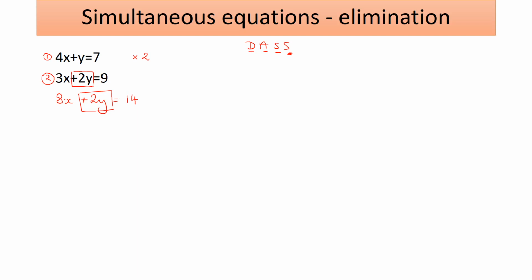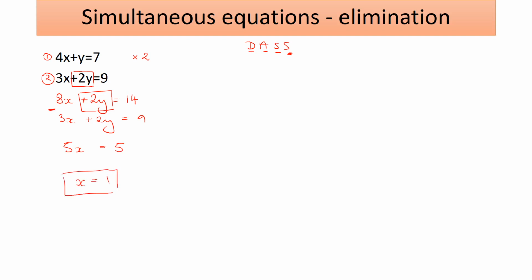I'm just going to rewrite the second equation so it's a little bit easier. So now I've got to subtract. 8x take away 3x is 5x, 2y take away 2y is 0, and 14 take away 9 is 5. So x equals 1.